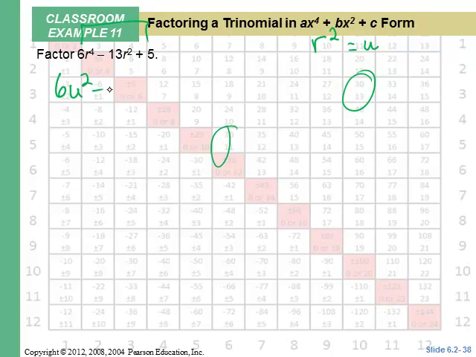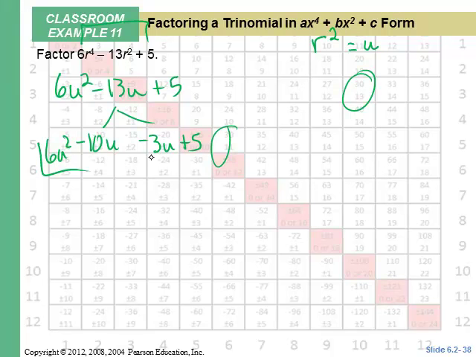6u squared minus 13u plus 5, and we're going to split that up into 6u squared minus 10u minus 3u plus 5.